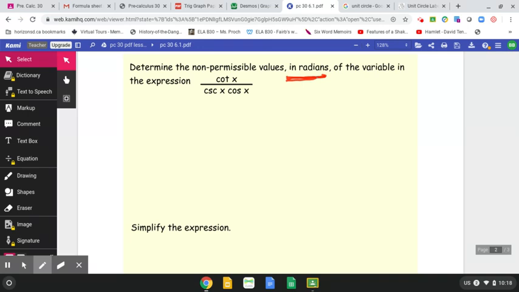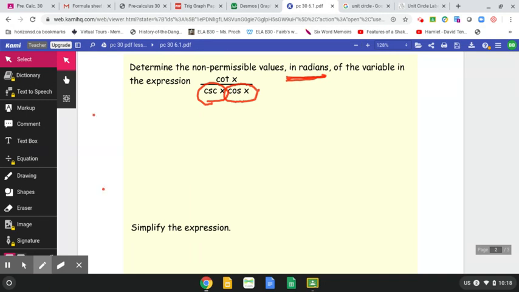Like I said, I find it best to either write them out separately, or you just need to figure out where your non-permissible values are going to be. You're going to have a non-permissible value here, because that will make my denominator 0. You're going to have a non-permissible value there, too. So let's start with those.